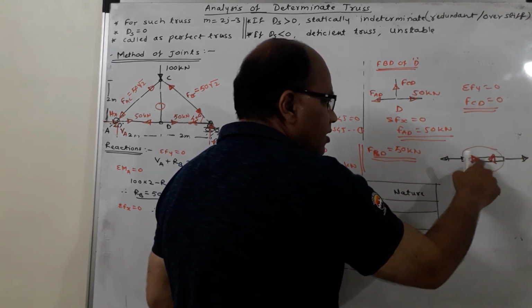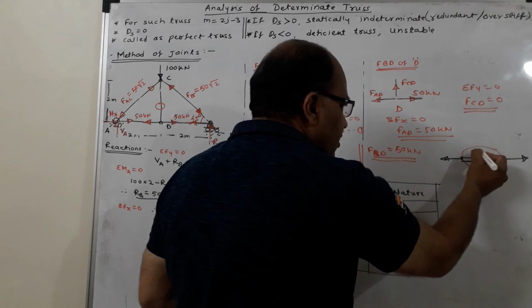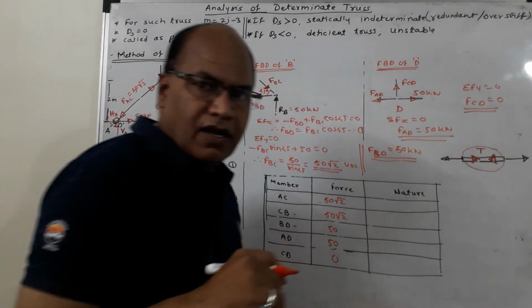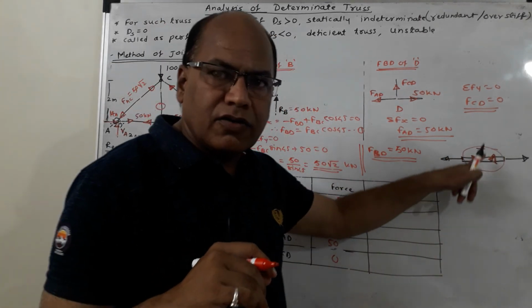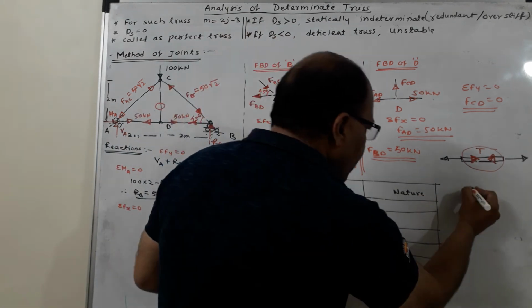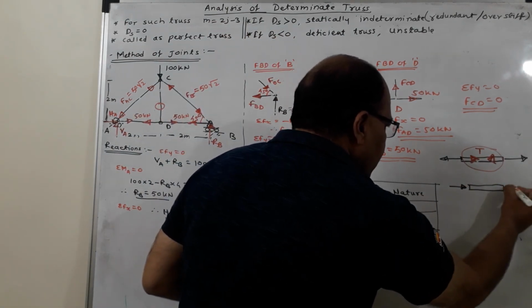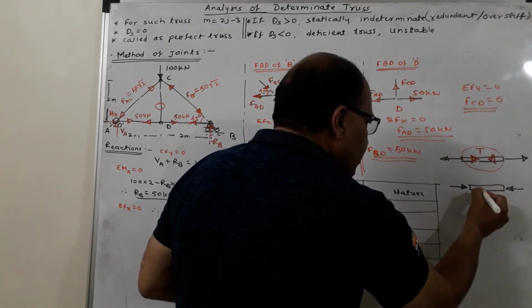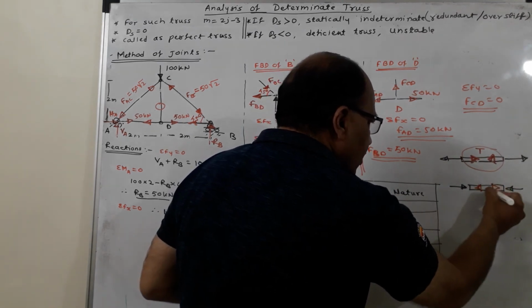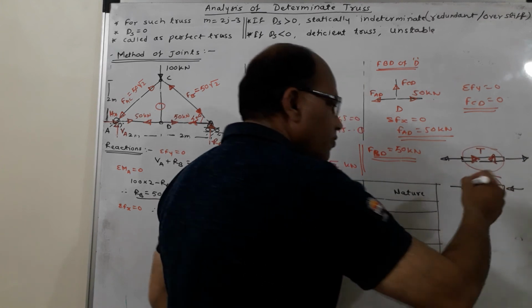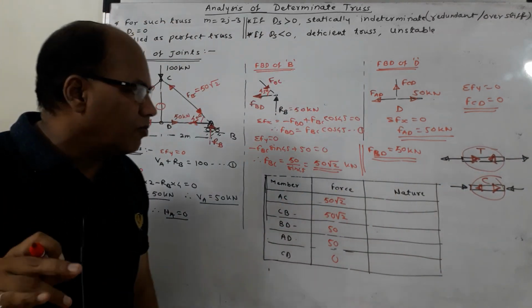So arrowheads marked towards one another indicate tension, whereas if the same member is in compression, the internal reaction will be like this. The arrowheads marked away from one another will indicate compression.